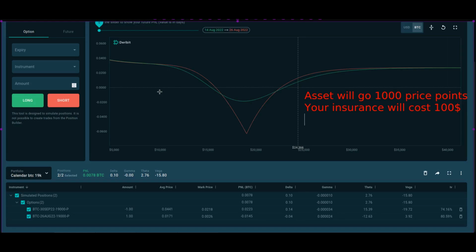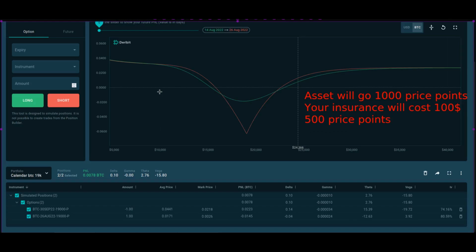In case you suppose that the asset will go, for example, 500 price points, it is logical that the insurance should cost less, because the deviation of prices is lower, and the probability of covering 1000 price points is significantly lower than covering 500 price points.